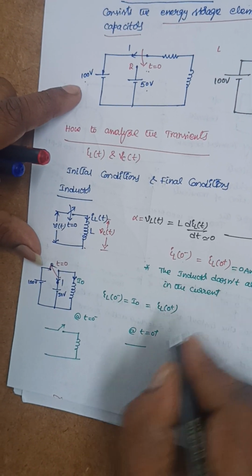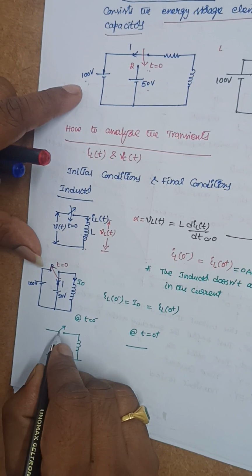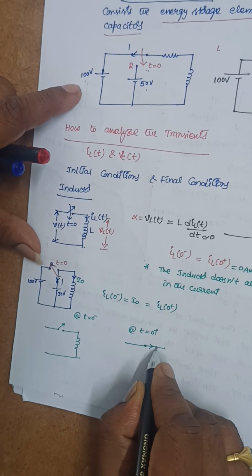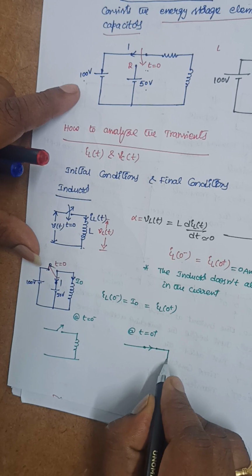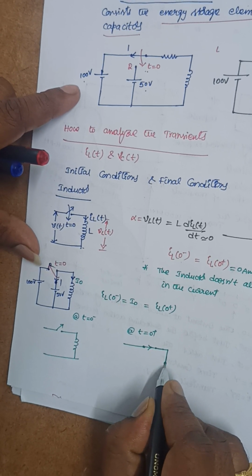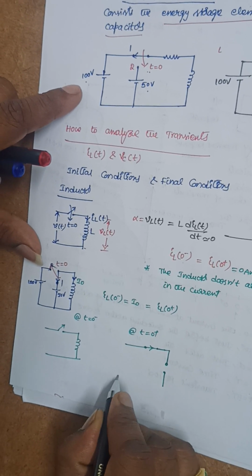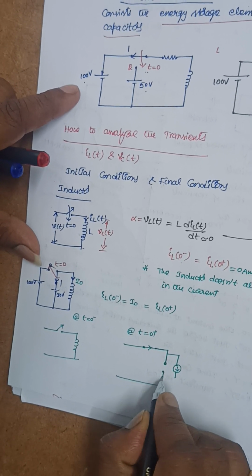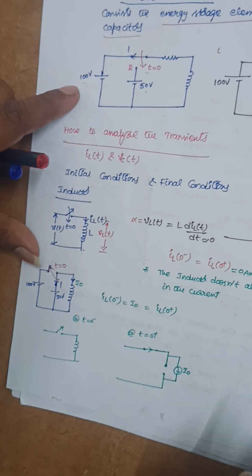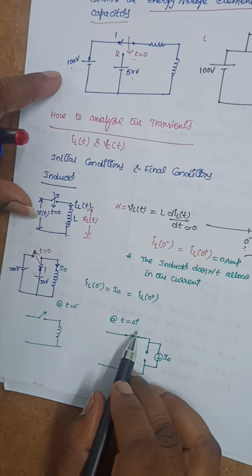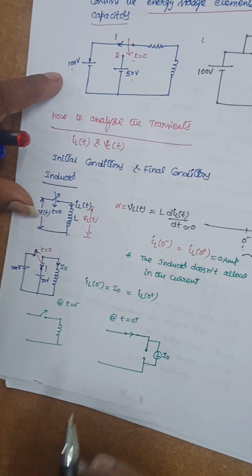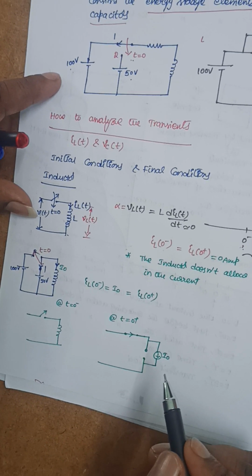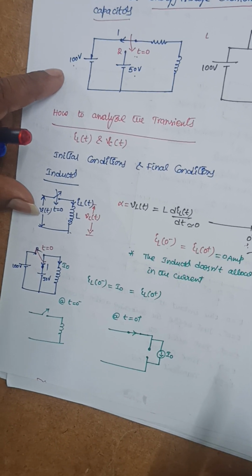The switch is closed at t equal to 0 plus, and I can draw this circuit like this, with I naught. At t equal to 0 plus, this is I naught. This is how we can represent the inductance at t equal to 0 plus.